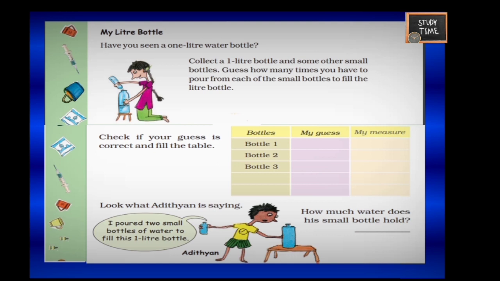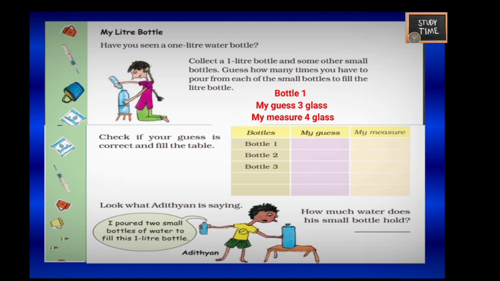Next, my liter bottle. Have you seen a 1 liter water bottle? Collect a 1 liter bottle and some other small bottle. Guess how many times you have to pour from each of the bottles to fill the liter bottle. So take a 1 liter bottle and you can have even glasses.